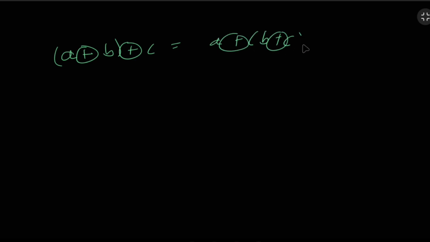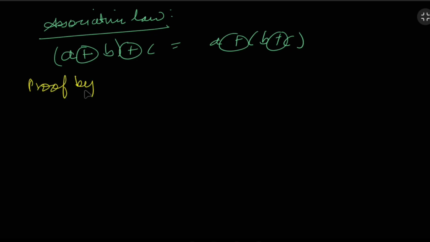Now let us see, is this XOR associative? Exclusive or C like this? Can we do this or can we do this? Both are associative. So here again you can apply proof by case method. So either A equals to 0 or A equals to 1. If A equals to 0, then what will be LHS?